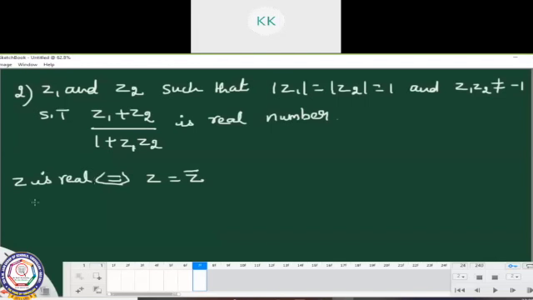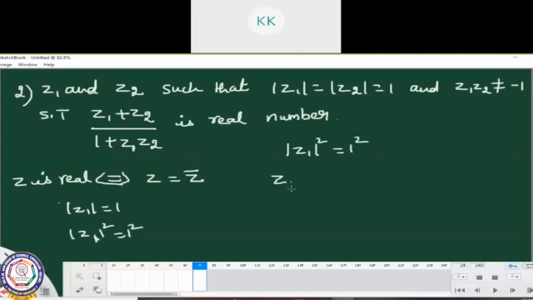What is given here? Modulus of Z1 equal to 1. Squaring on both the sides, modulus of Z1 the whole square equal to 1 square. We already saw the property: modulus of Z square equal to Z into Z bar.